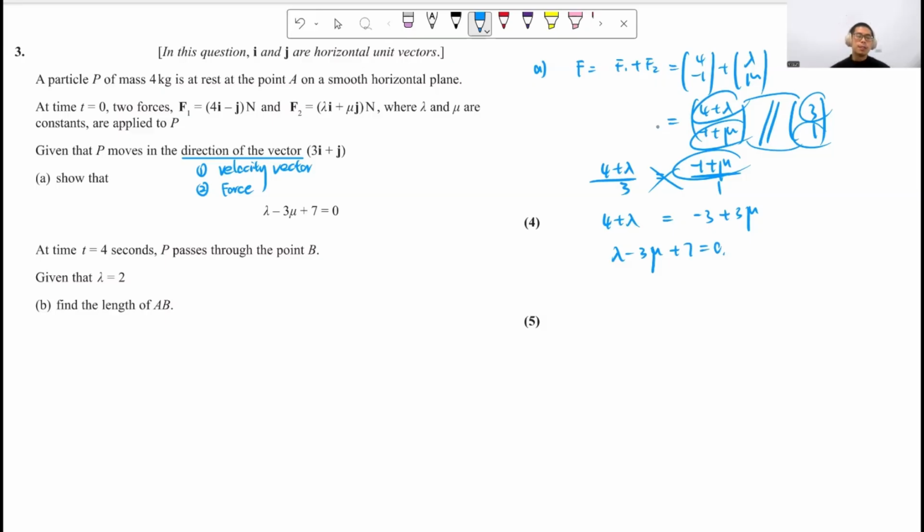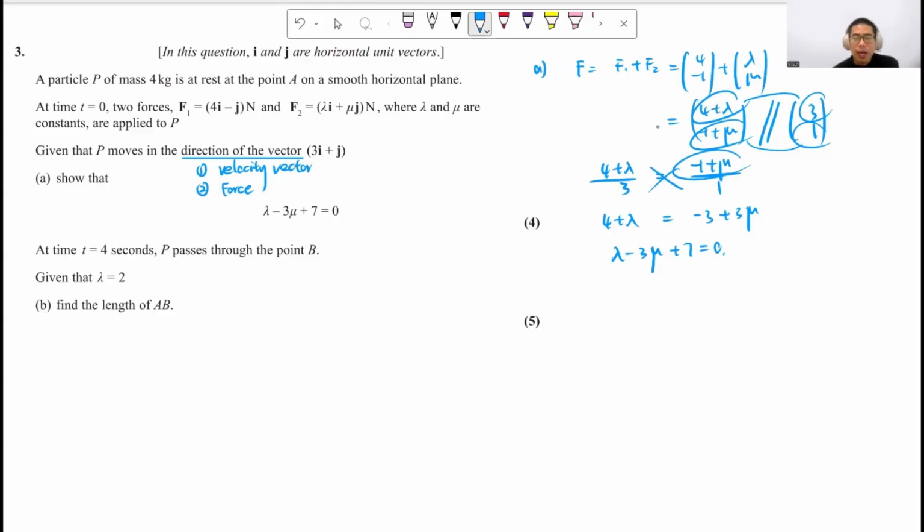And then at time t equal to 4 seconds, P passes through the point B. Given that lambda equal to 2, find the length of AB. If we want to find the length, the length is the magnitude of the displacement, so we need to find the displacement vector.